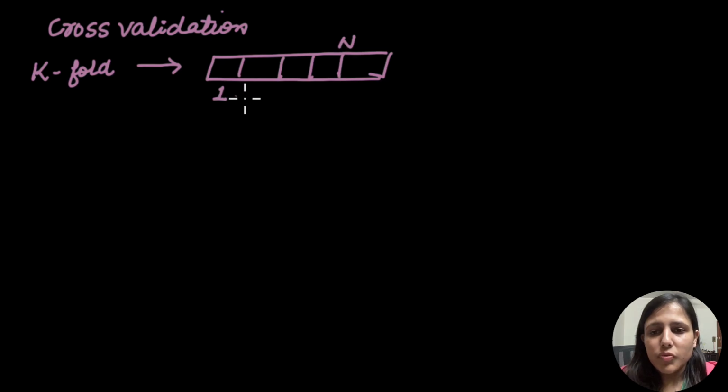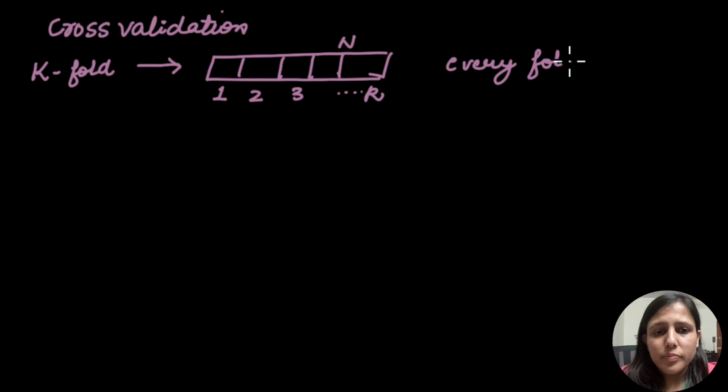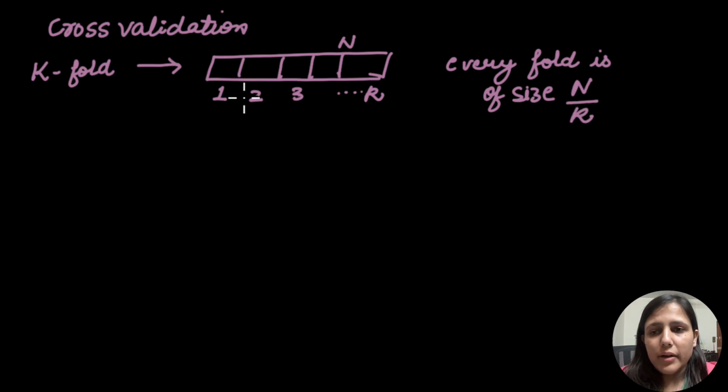So this is fold 1, this is fold 2, this is fold 3, and this is the k-th fold, and every fold is of size n by k, and we have k folds.